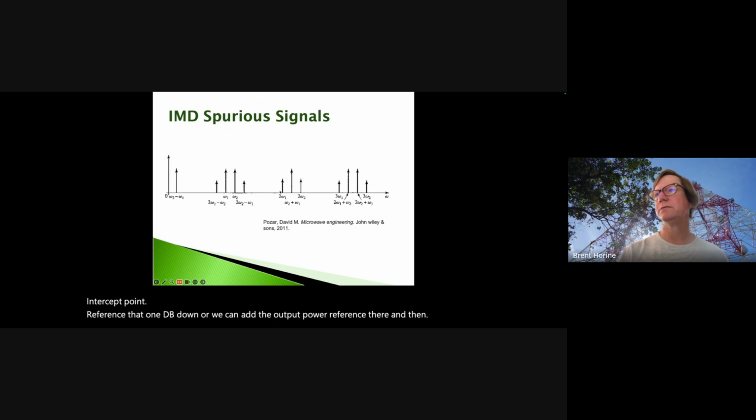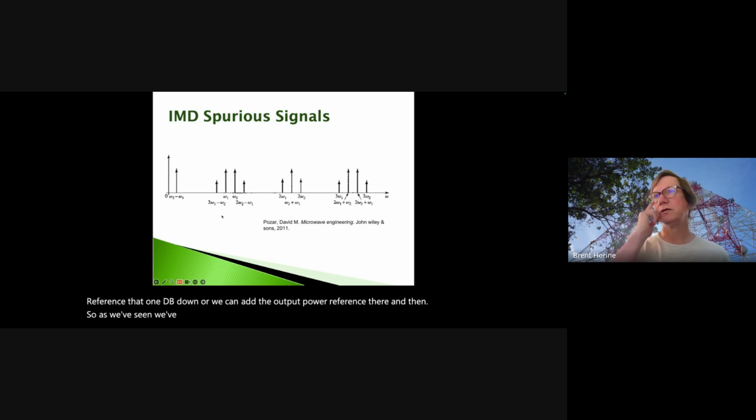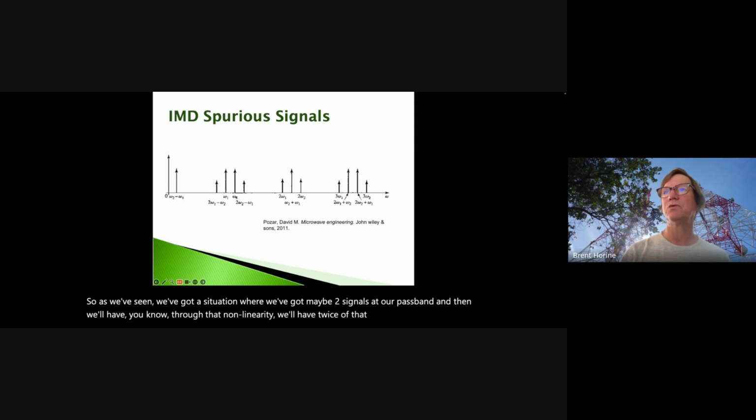As we've seen, we've got a situation where we've got maybe two signals at our passband, and then through that nonlinearity, we'll have twice that frequency, and twice this frequency, and the sum of those frequencies, right? We've looked at this before. We'll also have the difference of these two frequencies.